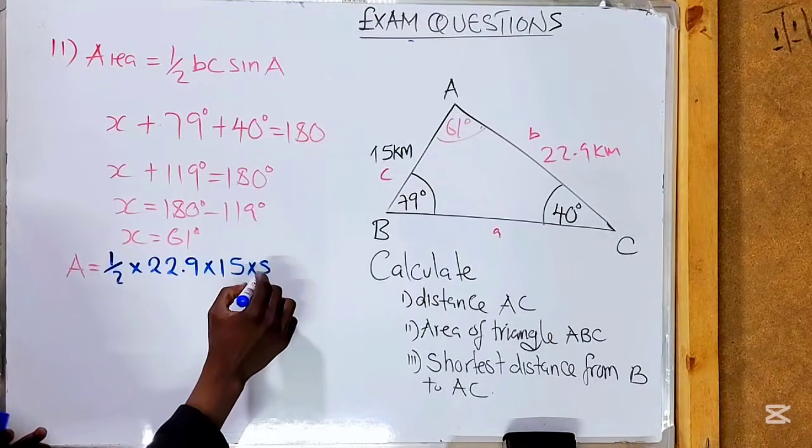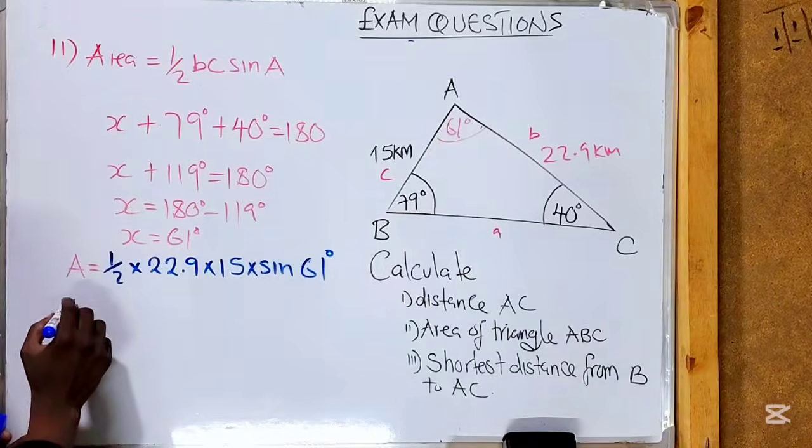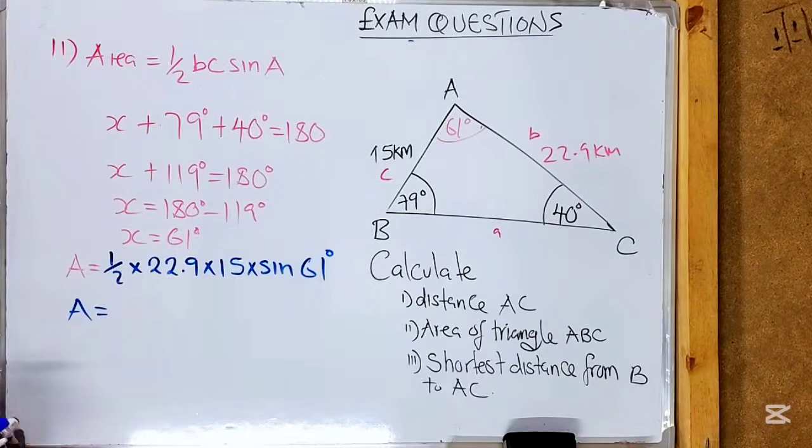Then times sine A, which is 61 degrees. Simple. So our area here is going to be, let's go to calculator, 1/2 multiplied by 22.9 multiplied by 15 multiplied by sine 61.